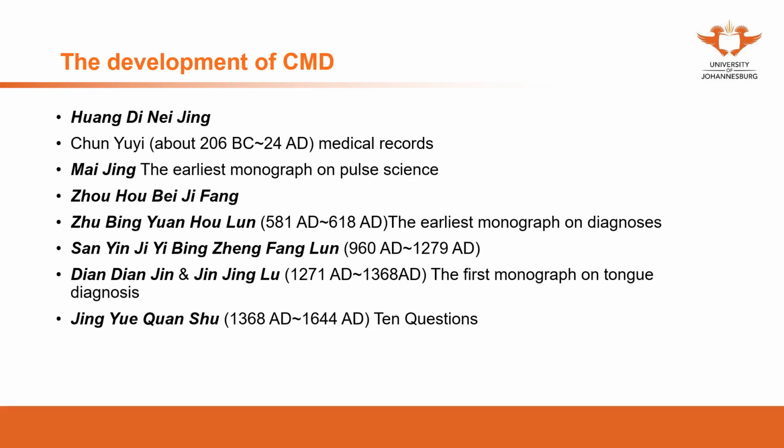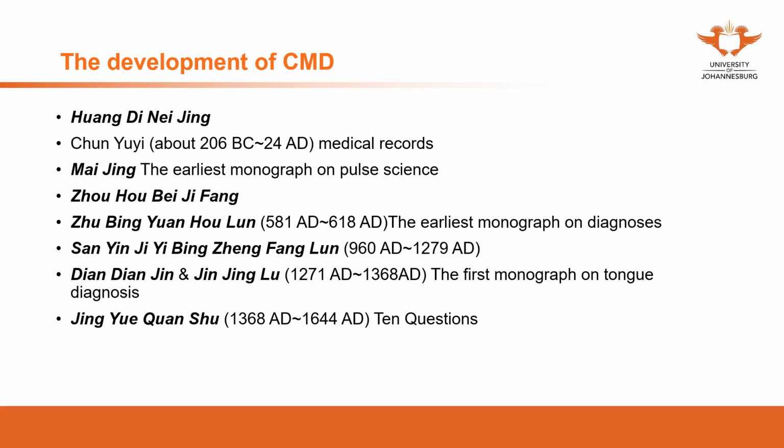And then later on, 脉经, 淳于意, he was a practitioner 2000 years ago. So that's the age in which he lived. Why do we mention this doctor? That's because 淳于意 proposed that we need to keep medical records.